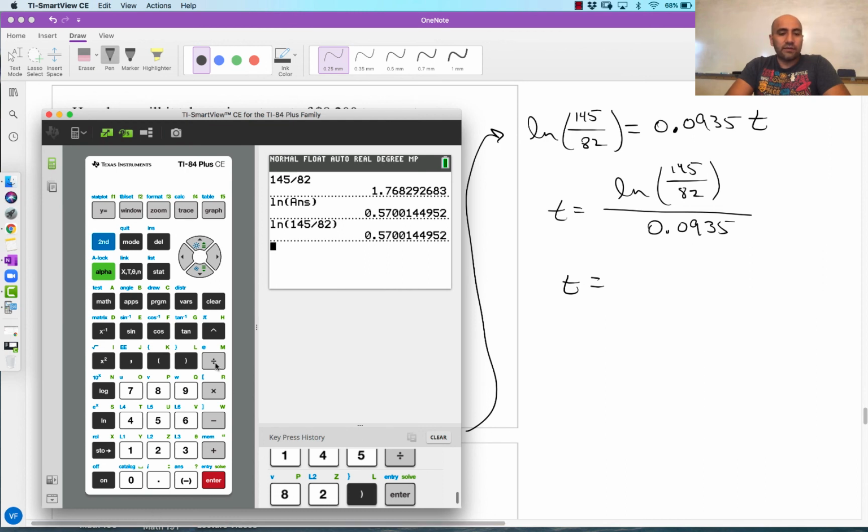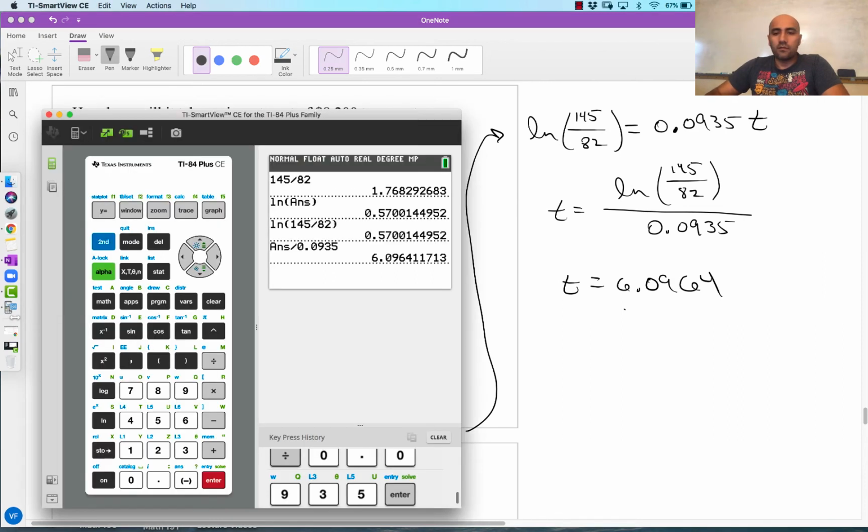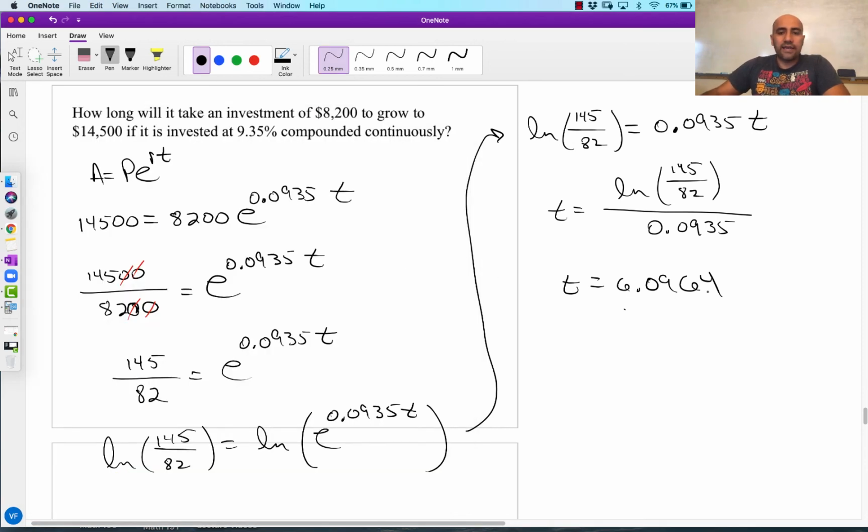So that one is going to be divided by 0.0935. Enter, and that's what we get. 6.0964, rounding to 4 decimal places. So that's how long it's going to take, and this is in years.